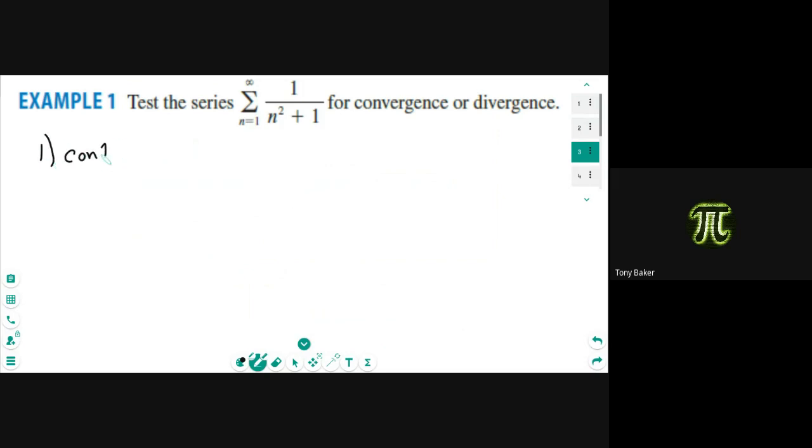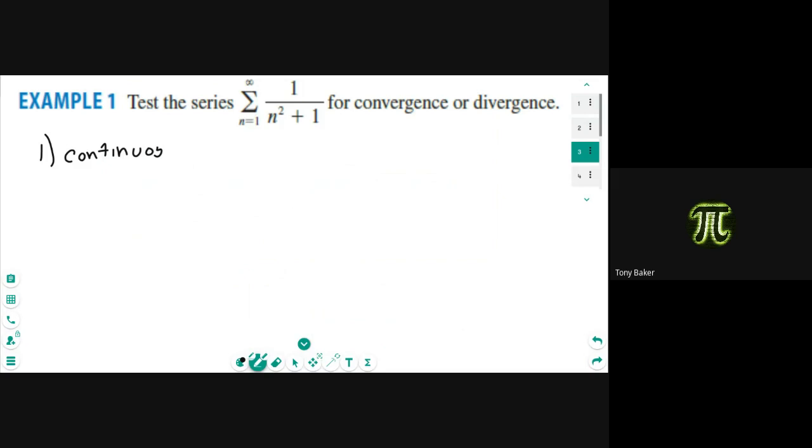Is it continuous? Yes. How do you know? Because there's a constant at the bottom. It will never be negative or zero at the bottom.